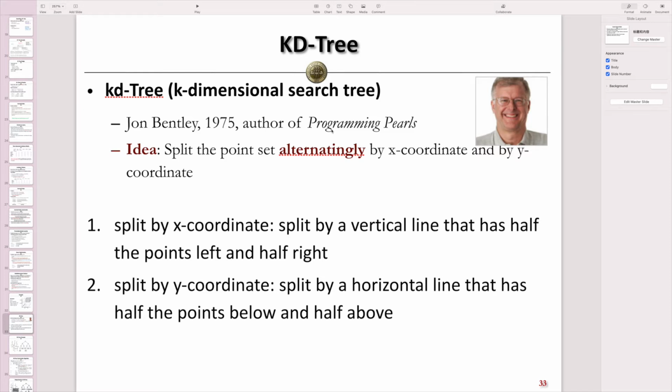According to John Bentley, the KD tree is an index data structure. The high-level idea of this data structure is to split the point sets in the relation alternately by different coordinates. We can split by the x coordinate first, and then by the y coordinate, and so on.